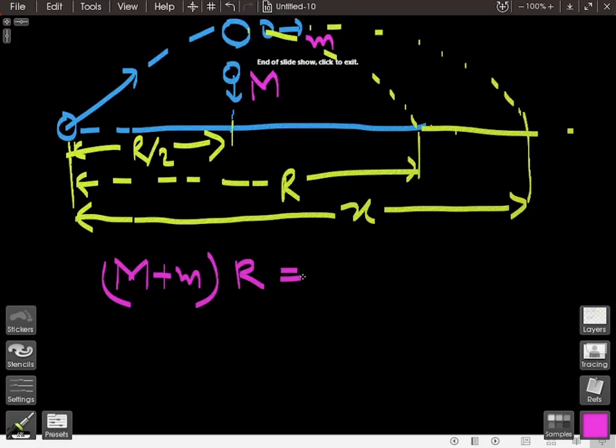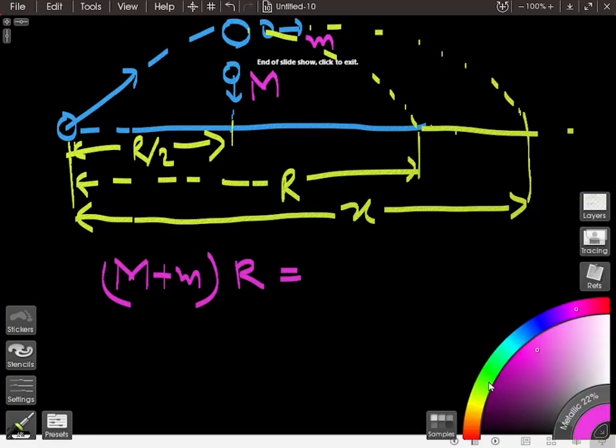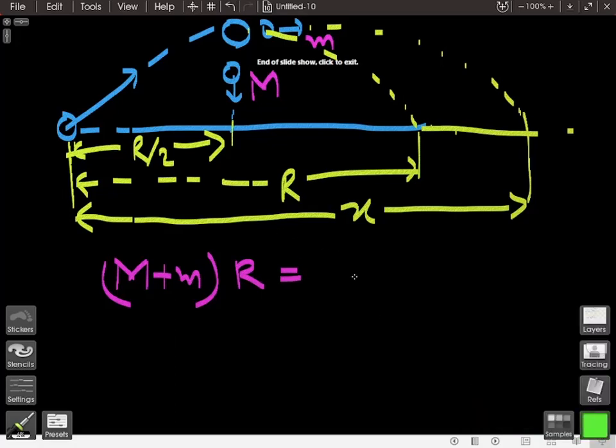Now, this should be equal to the location of the big mass, which is at a point R by 2, and the location of the smaller piece, which we don't know, at x. So we have to find the value of x.